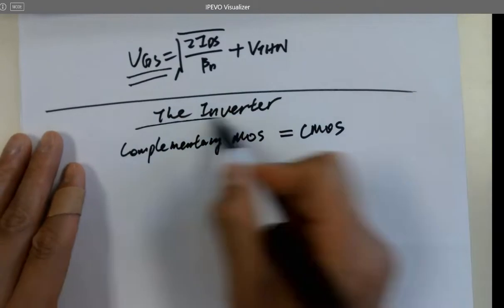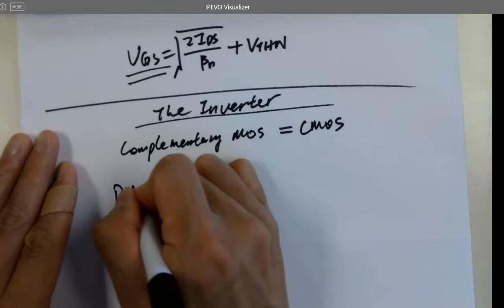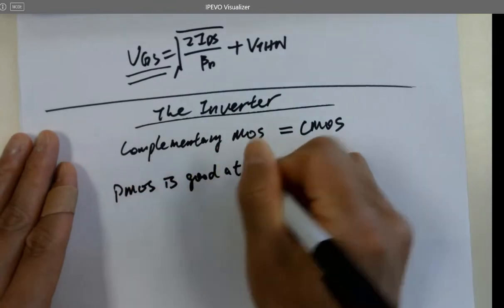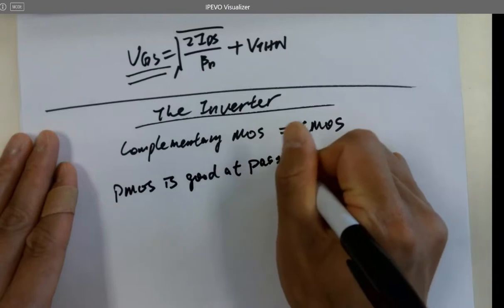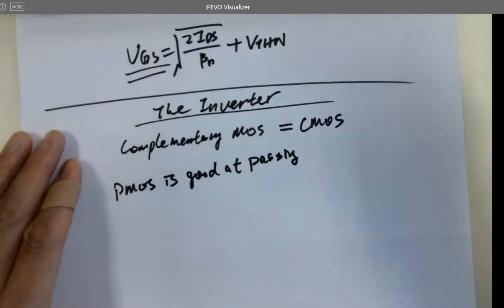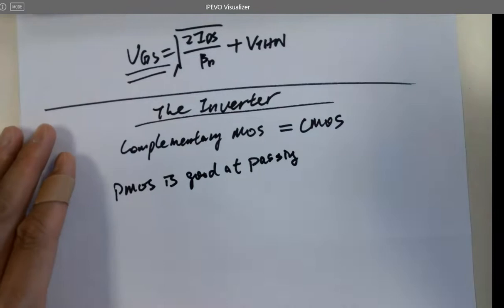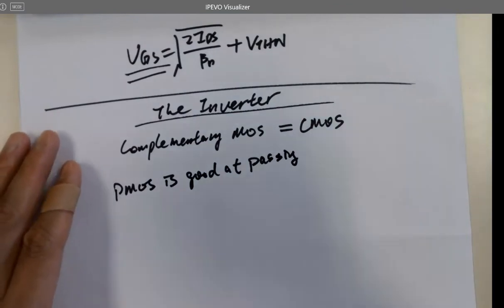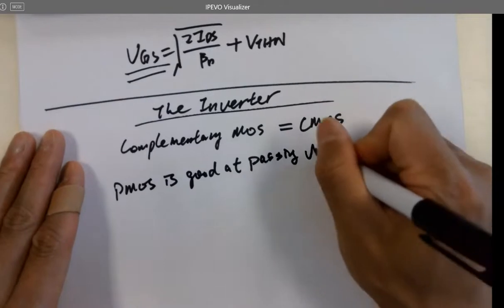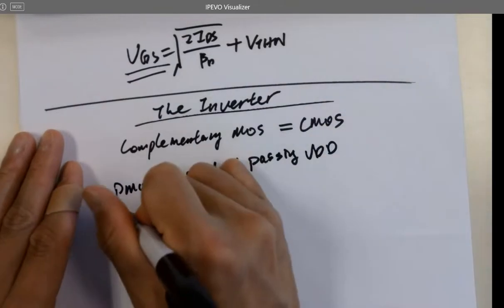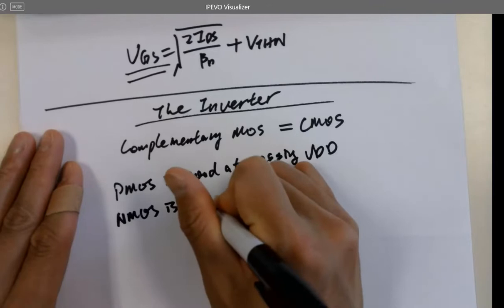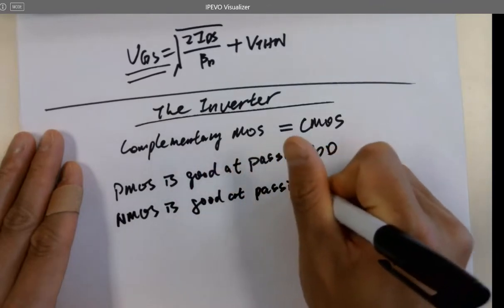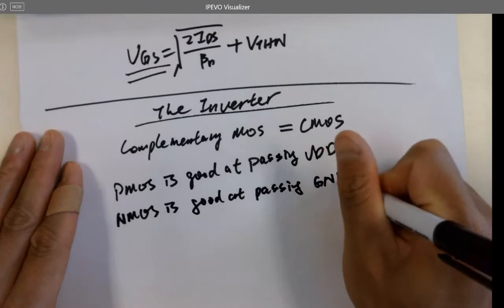So PMOS is good at passing VDD. PMOS and NMOS are just transistors. You turn it on, it passes the potential over to the other terminal, right? So PMOS is good at passing VDD, and NMOS is good at passing ground. Why?